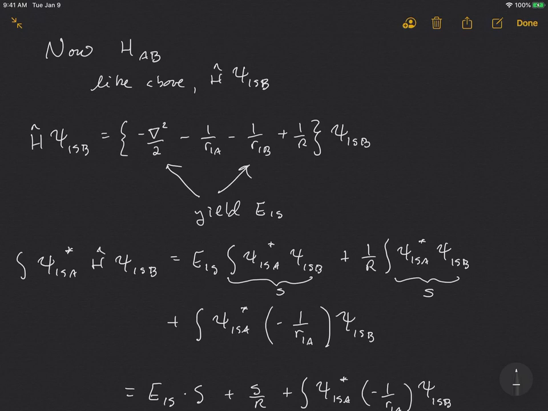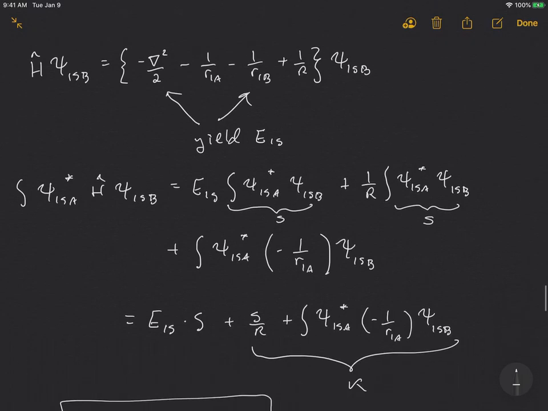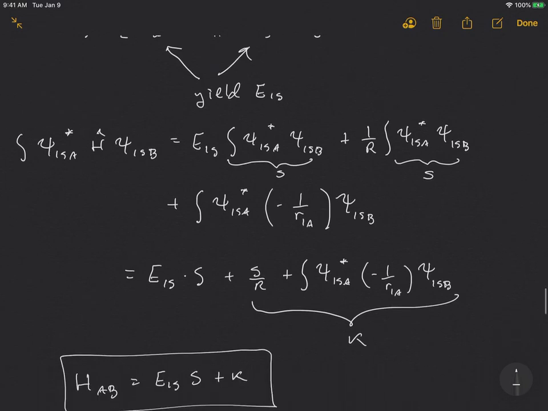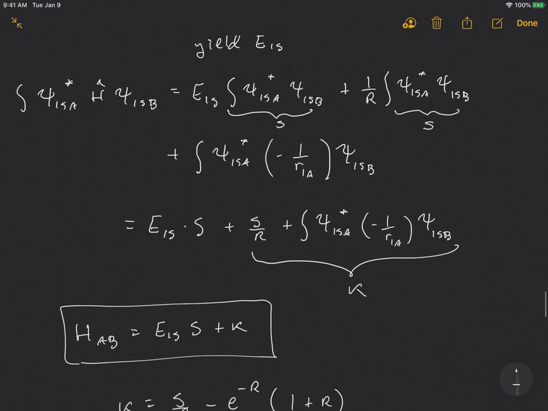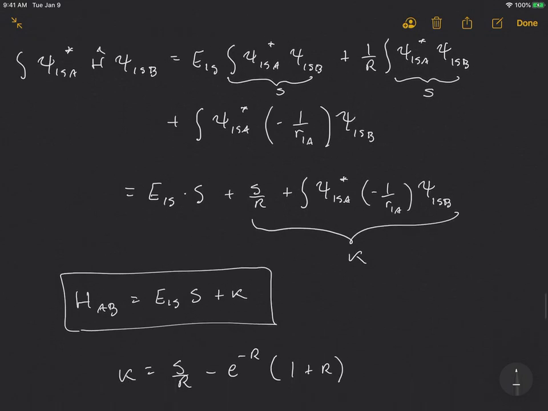And of course, there's a d tau, which I have omitted for the sake of reducing clutter a little bit. And so then applying what I said above, we get that this equals E1s times s plus s over r plus this leftover integral part. And we're going to call s over r plus this other integral k. And so our HAB is then E1s s plus k.